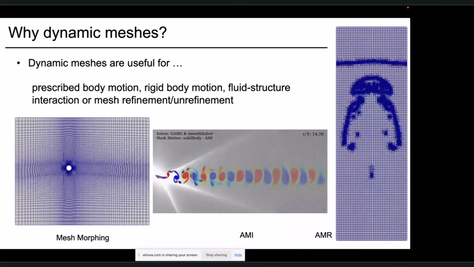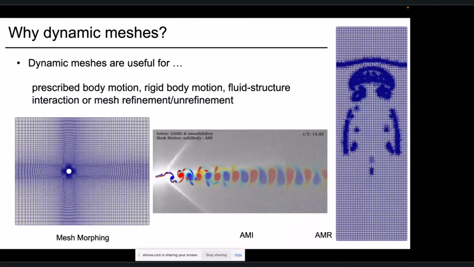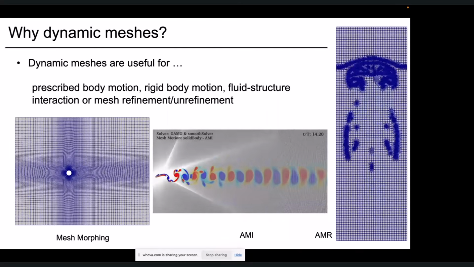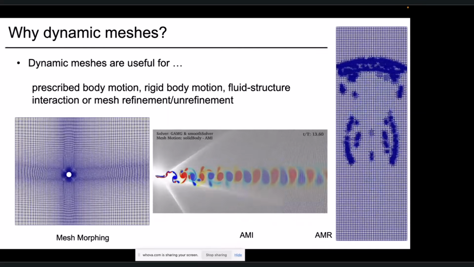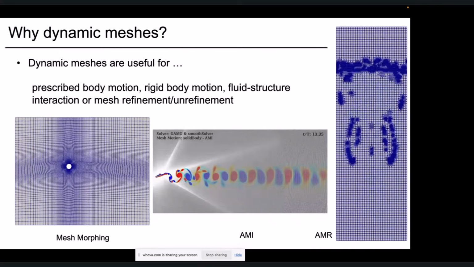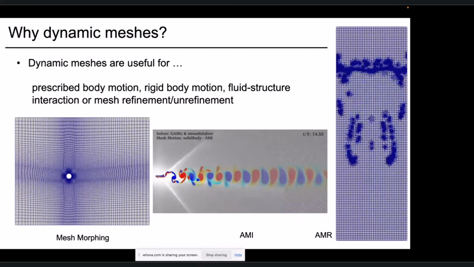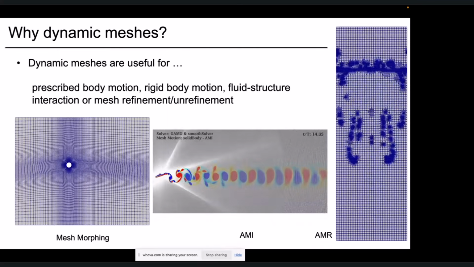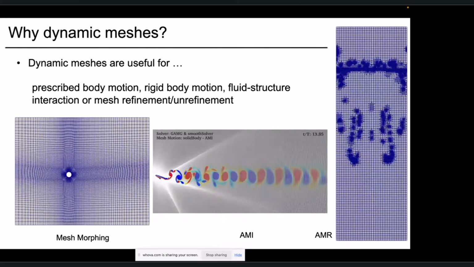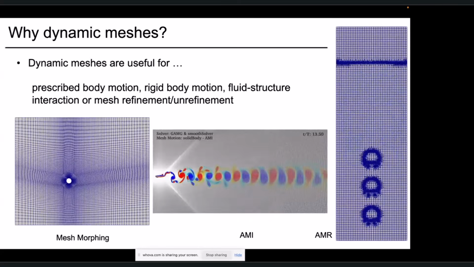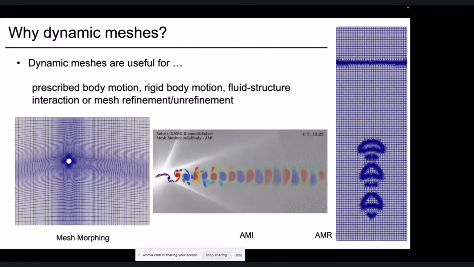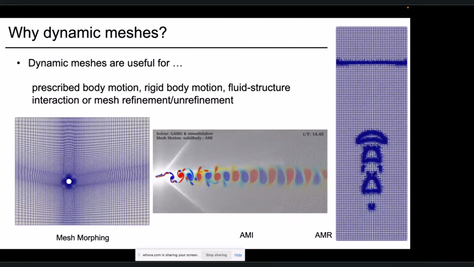The second one shows the flow field of a flapping airfoil. And there you see that the mesh has 2 parts. One component around the airfoil rotates. However, the elements of that mesh do not get deformed, and the outside component of the mesh remains stationary. This can be achieved through an arbitrary mesh interface.